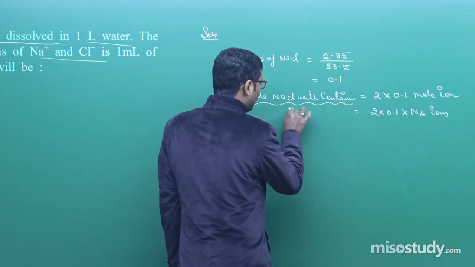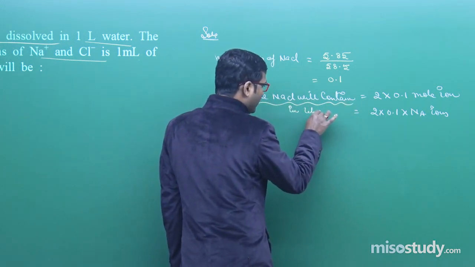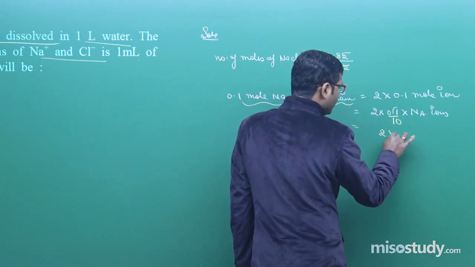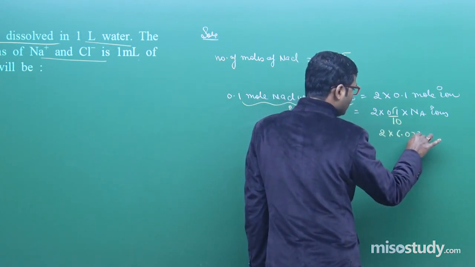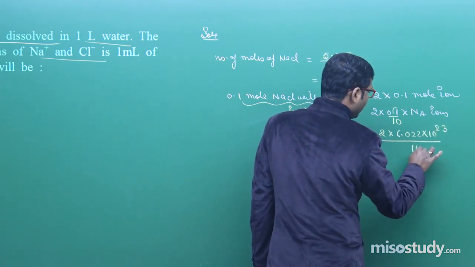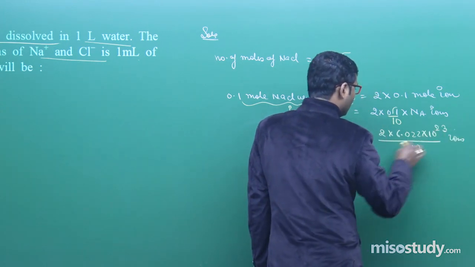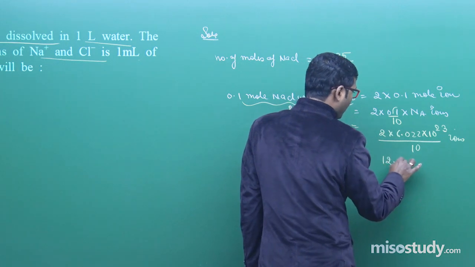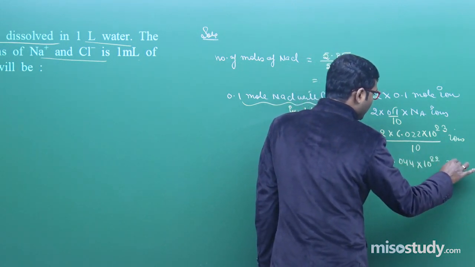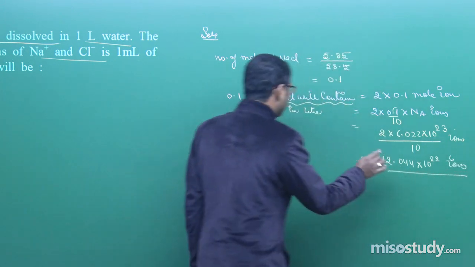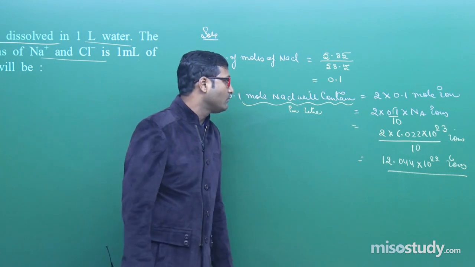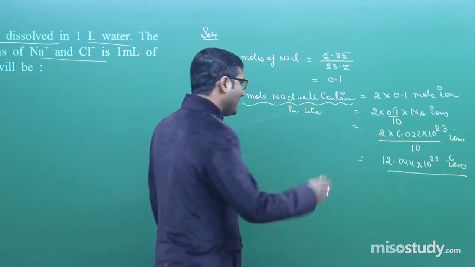This is 0.1 mole in 1 liter. Now it will give you 2 into 6.022 into 10 to the power 23 divided by 10 ions. So it can be written as 12.044 into 10 to the power 22 ions. This is the number of ions present in 0.1 mole of NaCl in 1 liter.